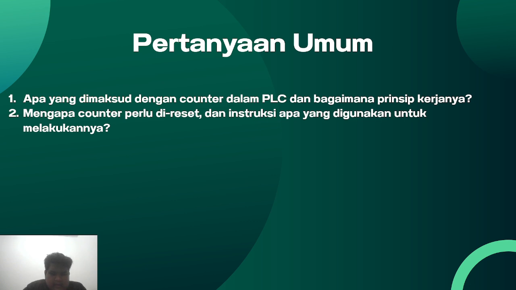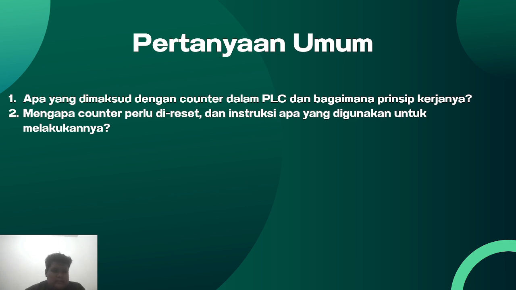Once the count reaches a predetermined value, the counter can trigger an output or another instruction. This allows the PLC to perform control operations based on the number of events that have occurred rather than on time or continuous input signal.